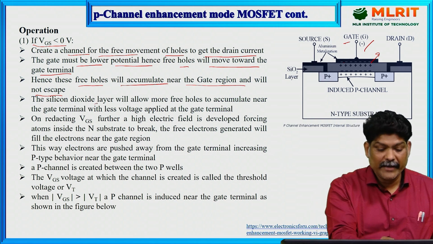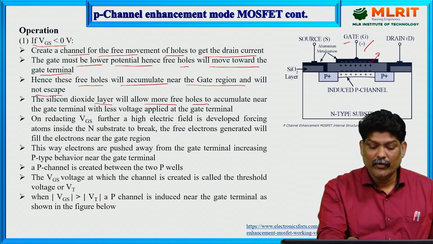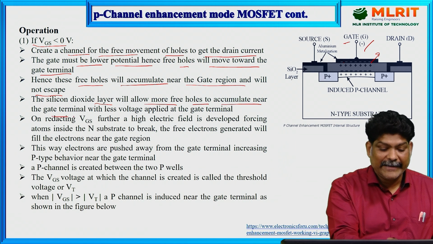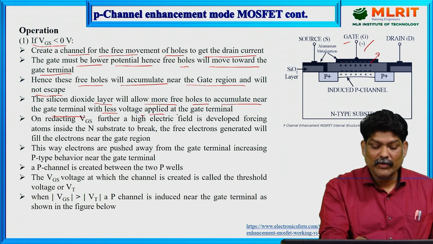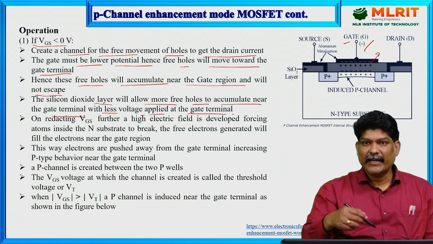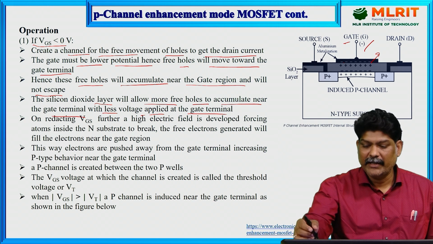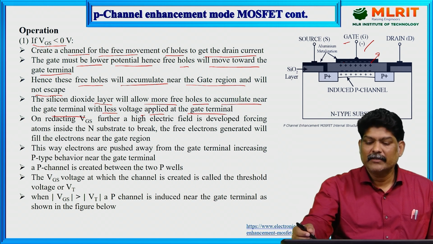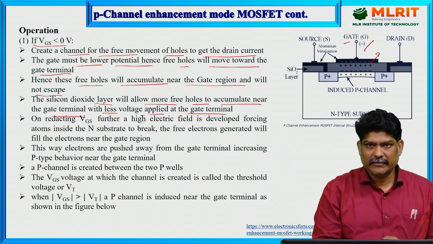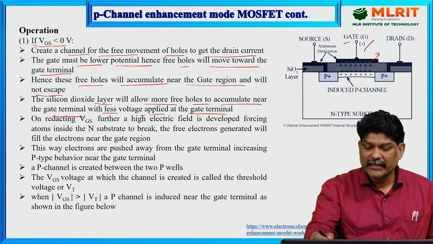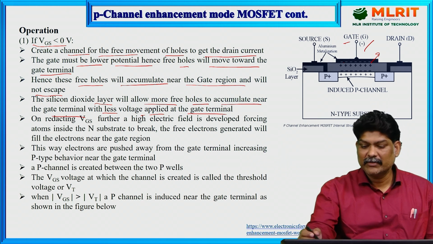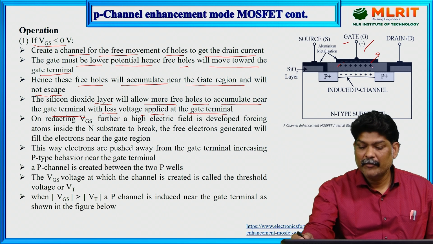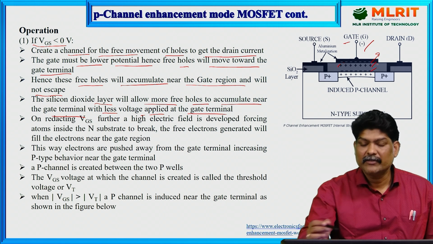The silicon dioxide layer allows more free holes to accumulate near the gate terminal with less voltage applied at the gate. With the negative voltage at the gate, all the positive holes are attracted towards the gate through the SiO2 layer.